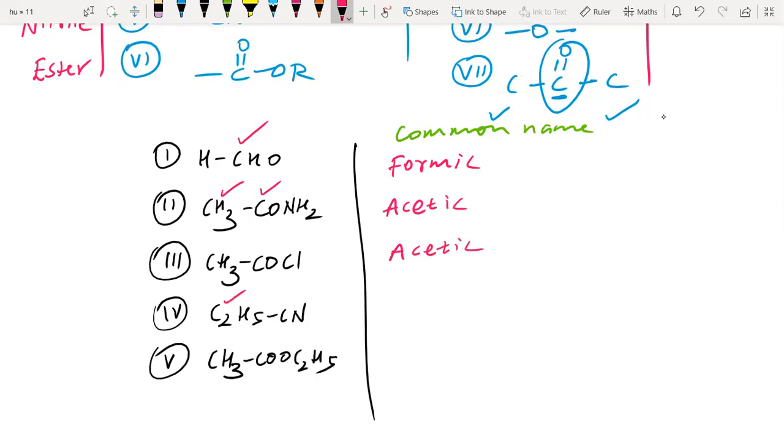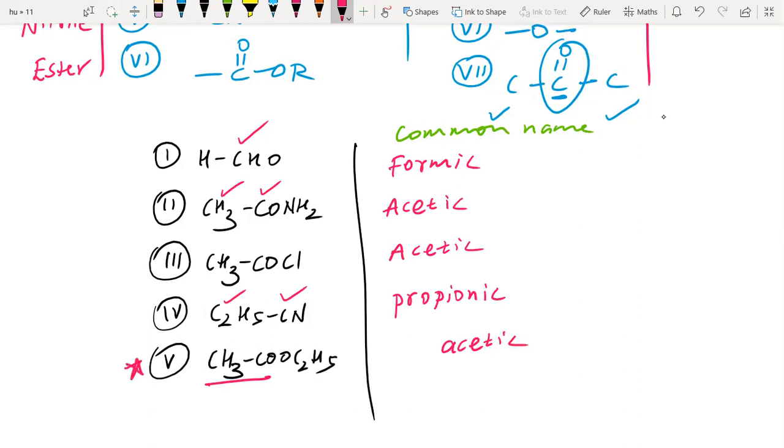We have three carbons in this, we'll write propionic. In ester, we see the longest carbon chain; two carbons, so we write acetic.